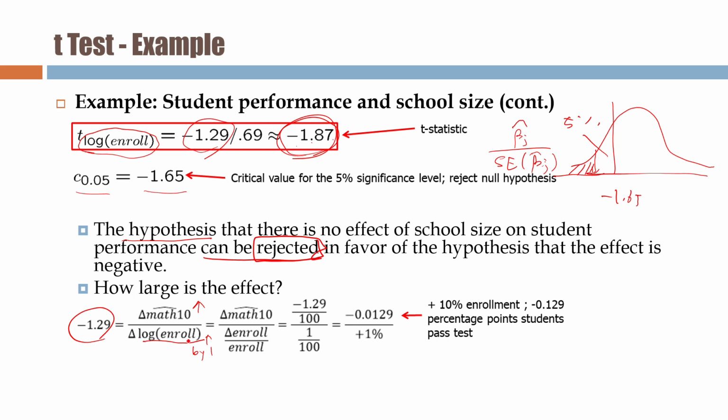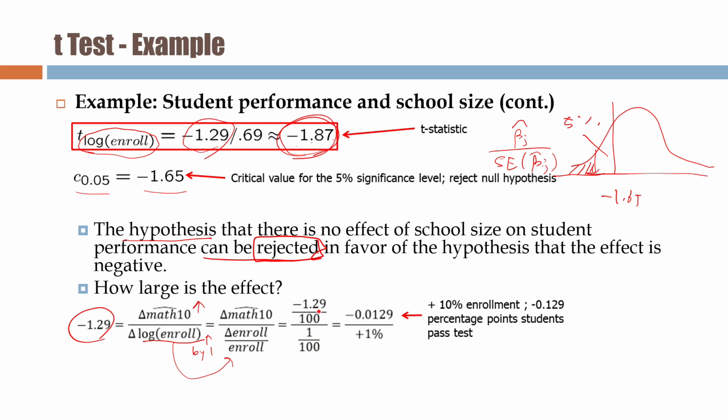So log enrollment is, actually this is similar to the derivative. So you can find this difference of enrollment divided by the enrollment.